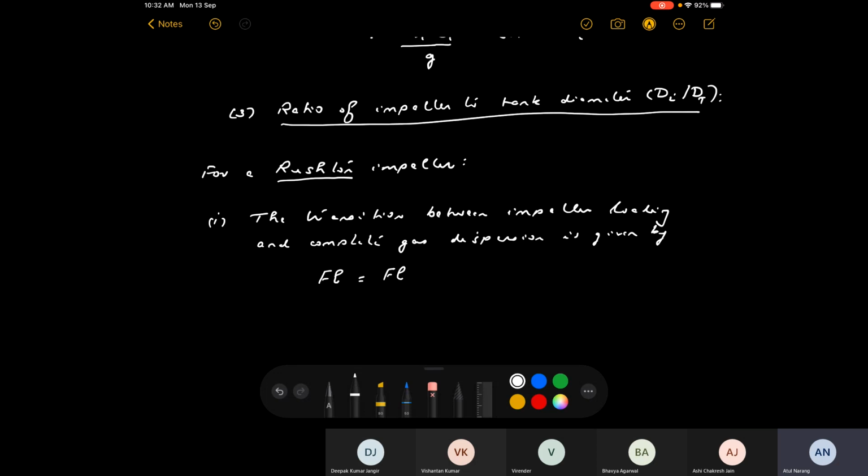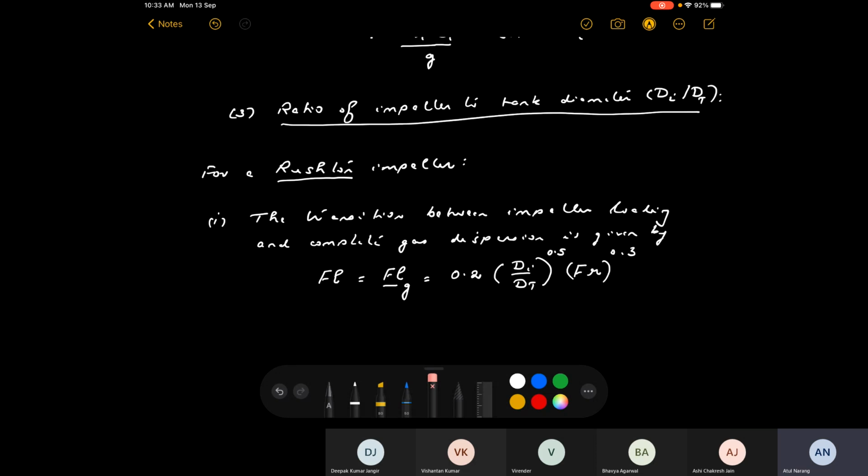This is actually better understood. So these are formulas.